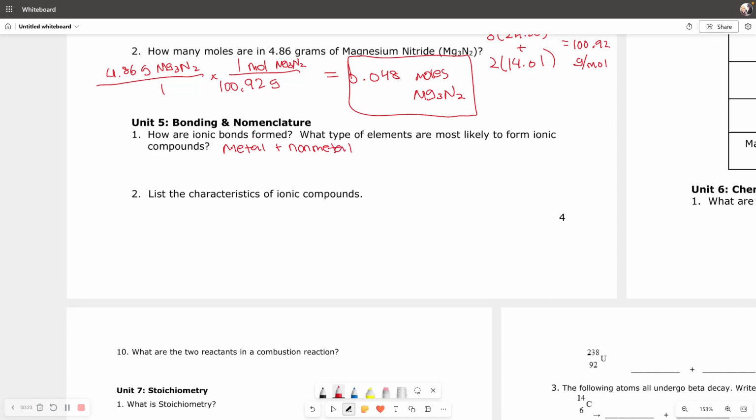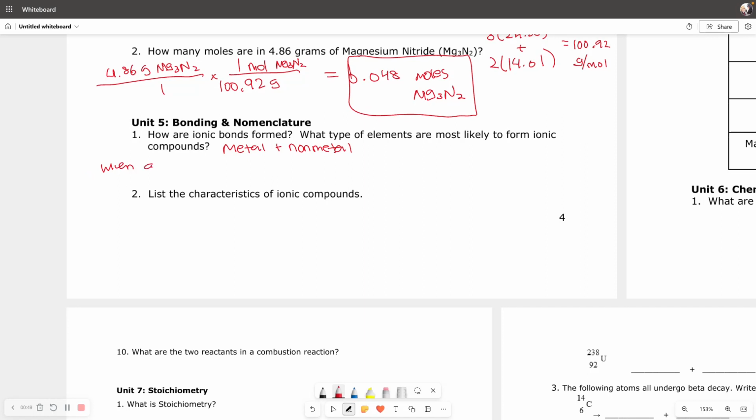And ionic bonds are formed when one valence electron of a substance or an element or atom is going to be snatched away by the other one, right? And typically these are accomplished in the form of a combination of the metal plus nonmetal. So to answer the question, how are ionic bonds formed?